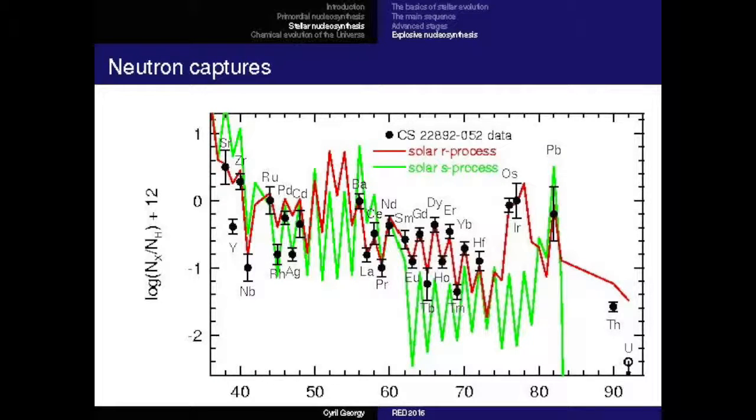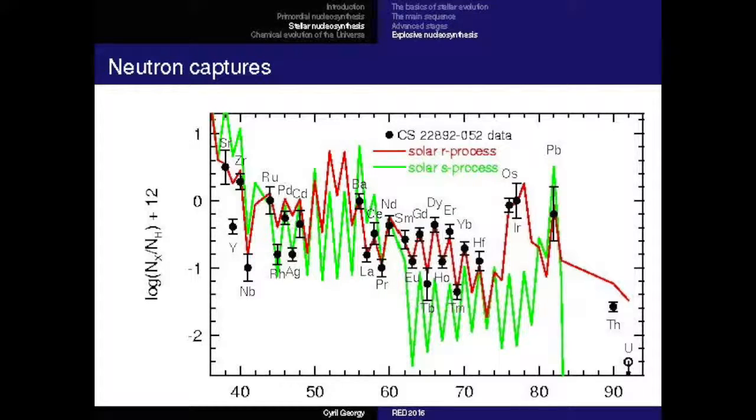So the observational points here are what is observed in the sun for different kinds of elements, and the green and red lines show the contribution that comes from the R process and the S process.